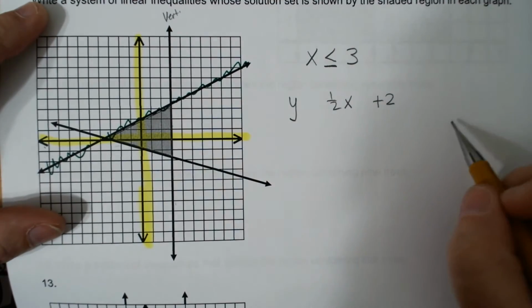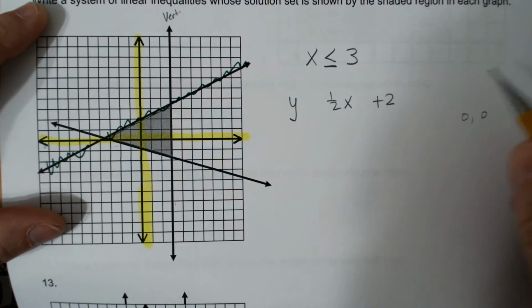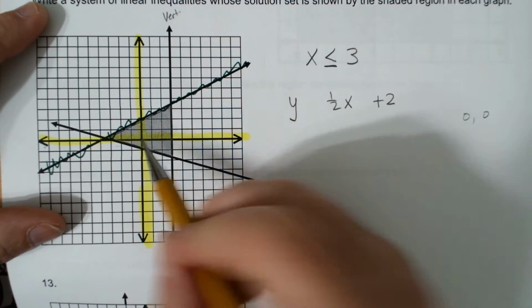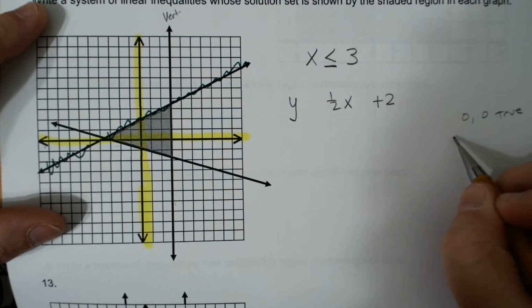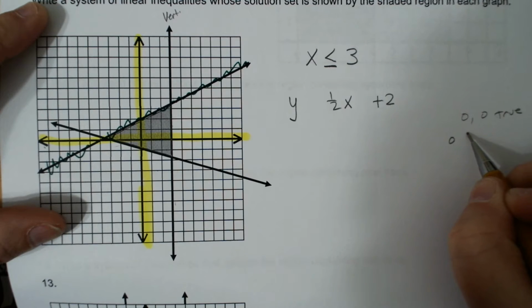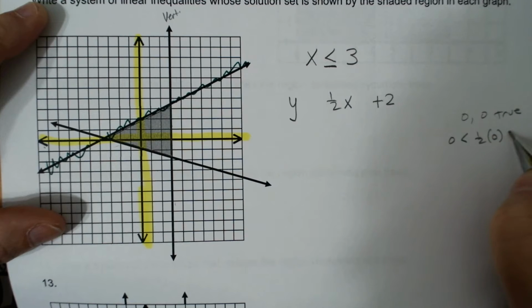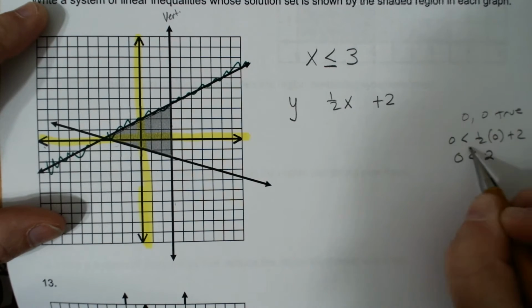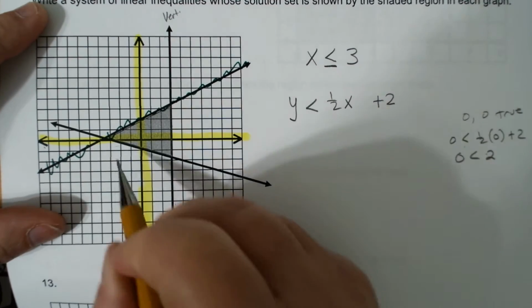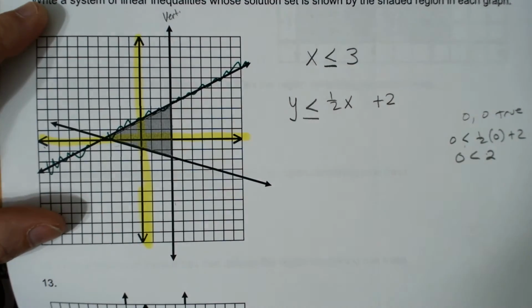Then we are going to put 0, 0 into that equation, and 0, 0 has to be true. So 0 is less than 1/2 times 0 plus 2. 0 is less than 2, that's true, and I picked less than. That was also a solid line.